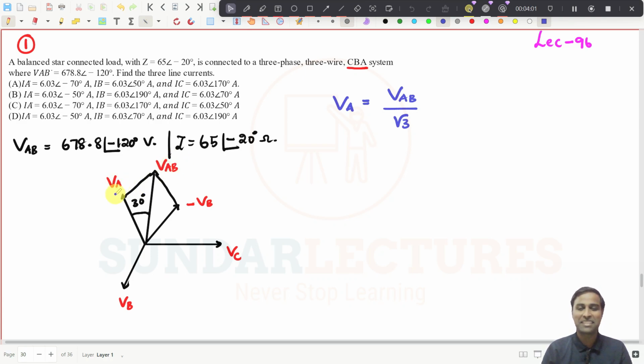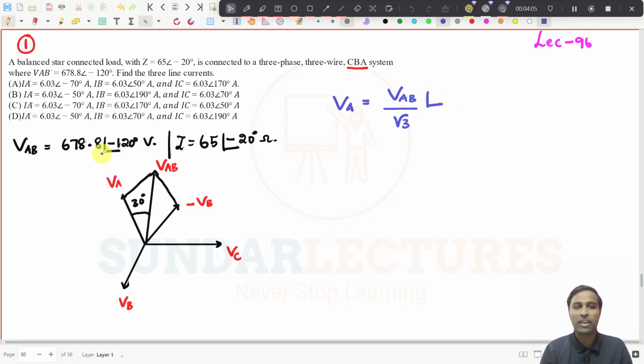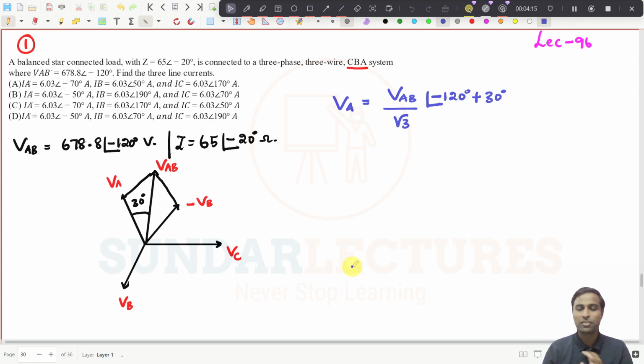The angle should be whatever angle you get here, that is minus 120, which is already there, plus 30 degree. It is very important to draw the diagram and understand.